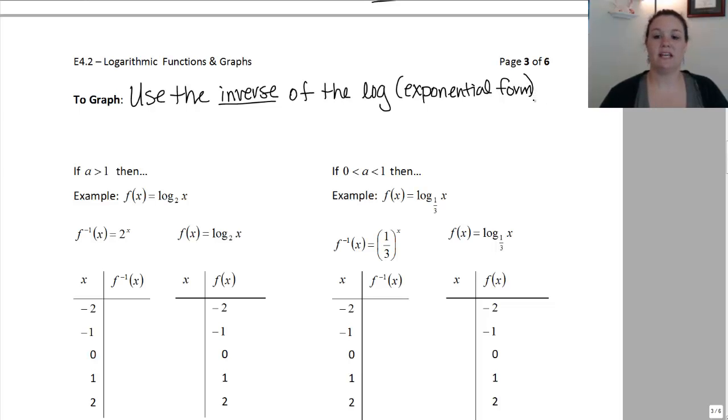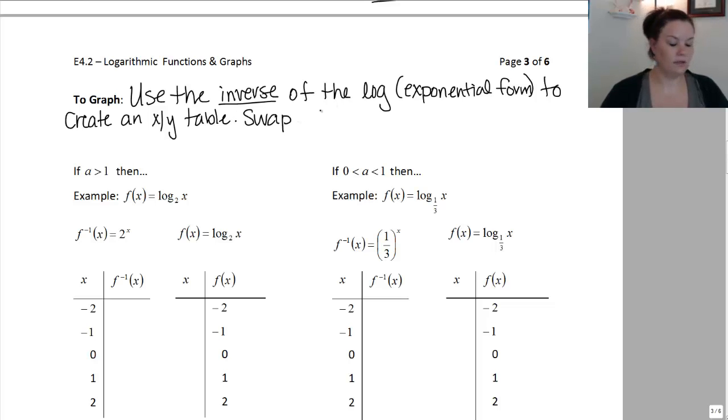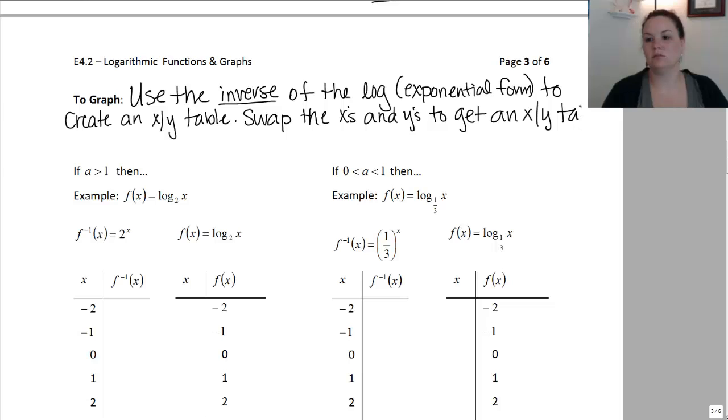We're going to use the inverse of the log, which is our exponential form, to create an XY table. Then we're going to swap the X's and Y's to get an XY table for the log.